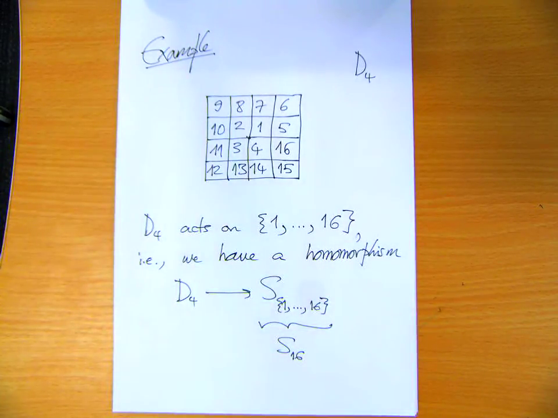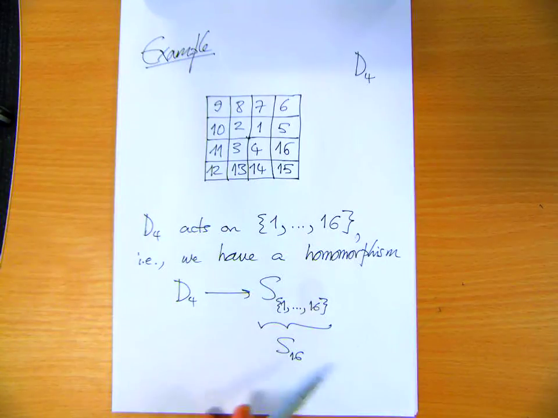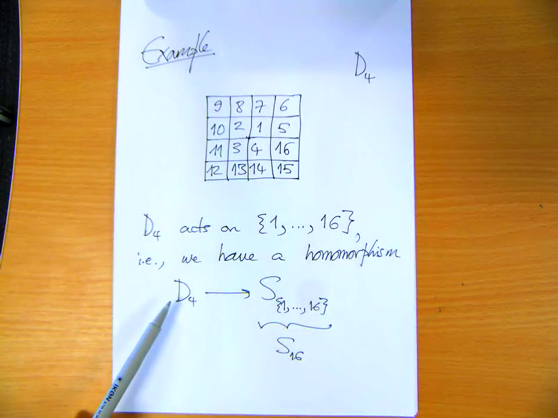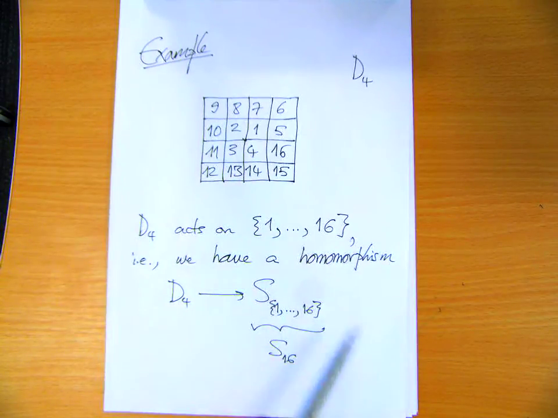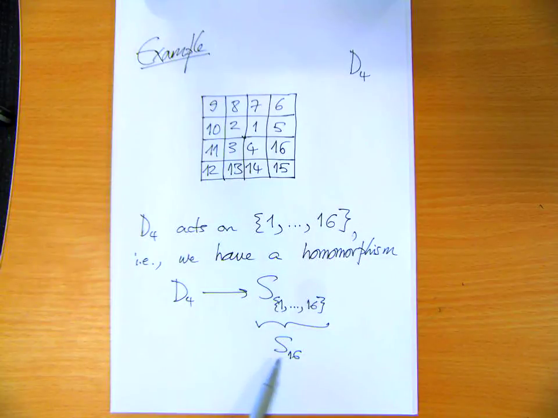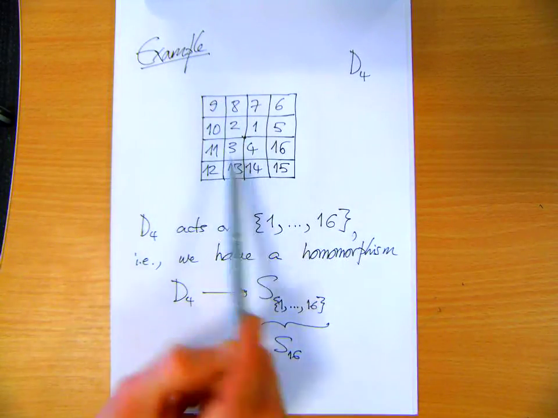Got 16 factorial elements. So we can think in terms of the action, or we can think in terms of the homomorphism. And we could actually write down the image of each of the 8 elements of D4 as a permutation in S sub 16. We could use cycle notation, and we did a similar thing last week, I think, when we had 9 small squares.